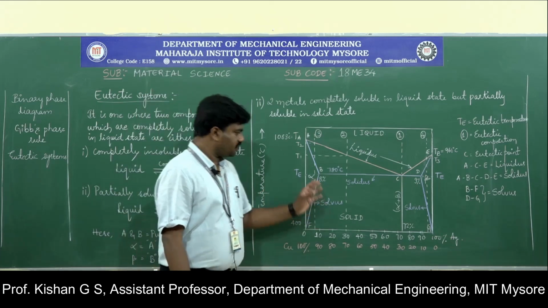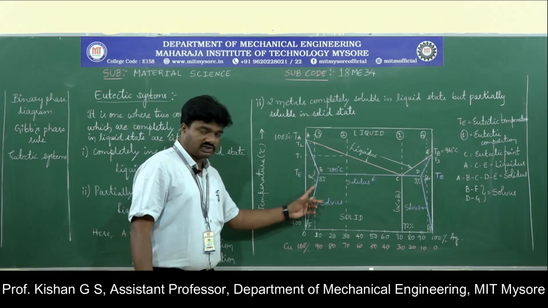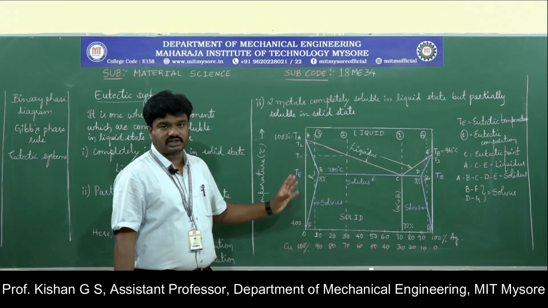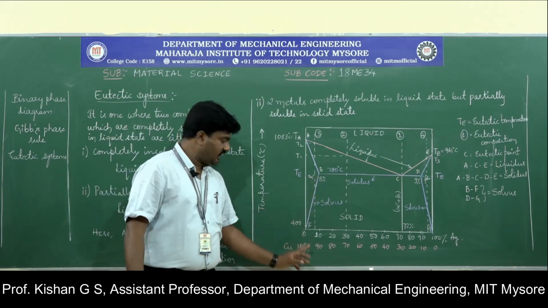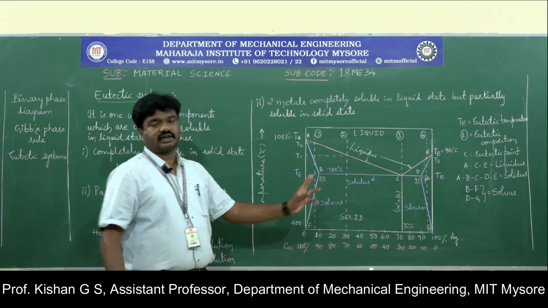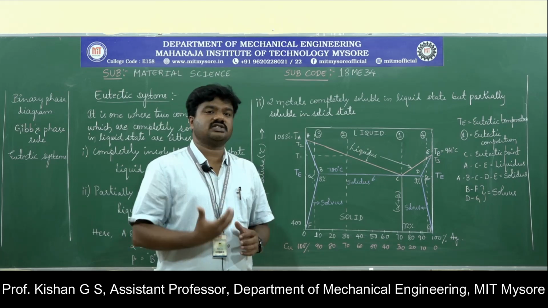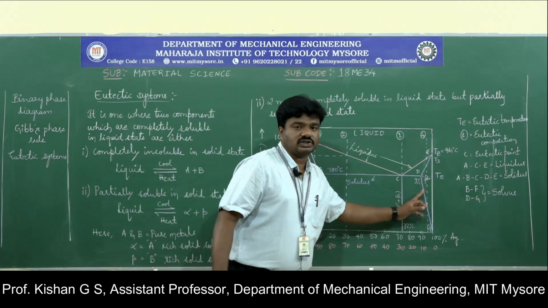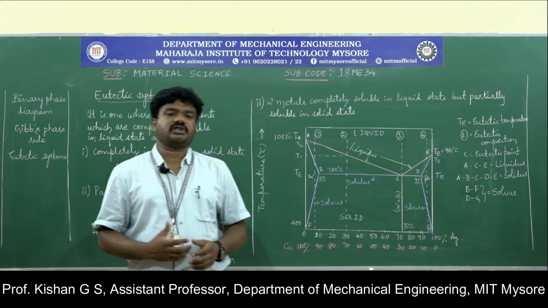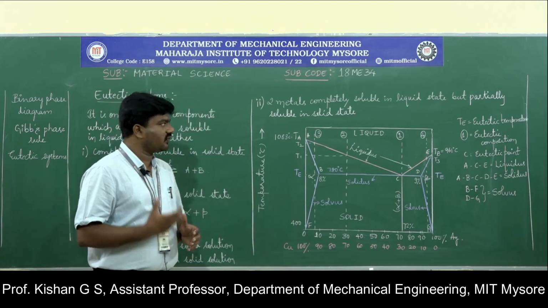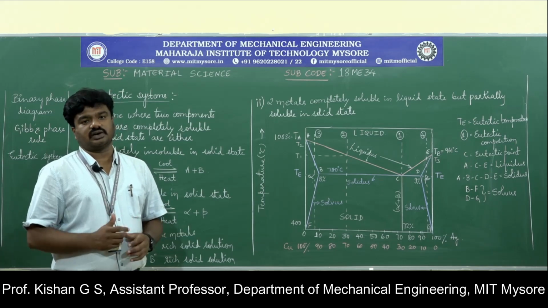Similarly, for alpha and beta, it is exactly the percentage of the rich mixture of partial solubility in the solid state, attained when copper is 92% and silver is only 8%, whereas in the case of partial solubility of B, that is the rich mixture of silver, it is achieved when 91% of silver is seen with 9% of copper. So this is the representation of partial solubility of material in its solid state with complete solubility in its liquid state. Thank you.